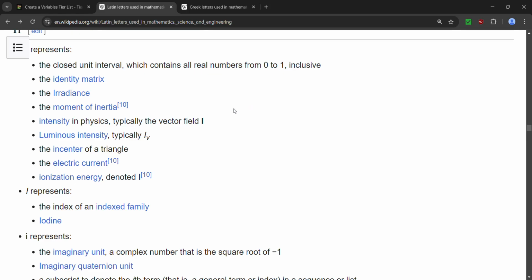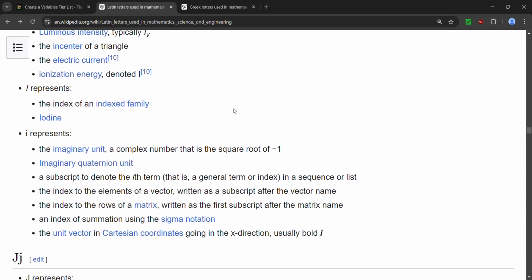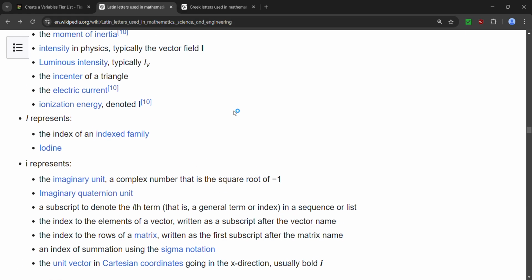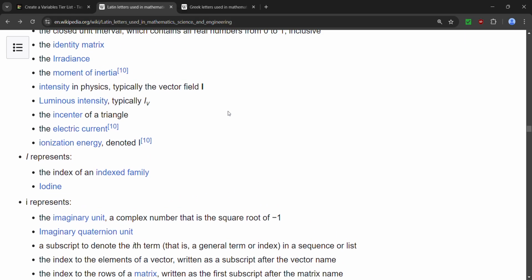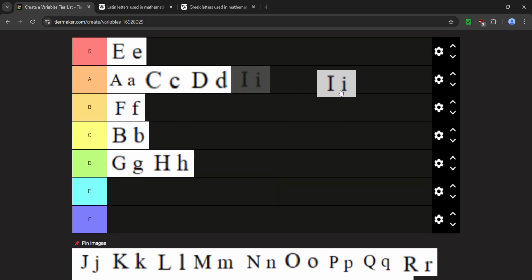Inertia, the moment of inertia. Okay, yeah, those are all pretty important. Moment of inertia, intensity, imaginary number, and current. You know what? I may have underestimated you. That's deserving of A tier.